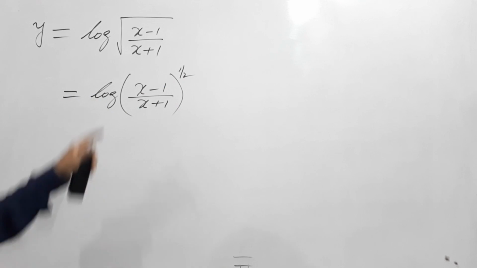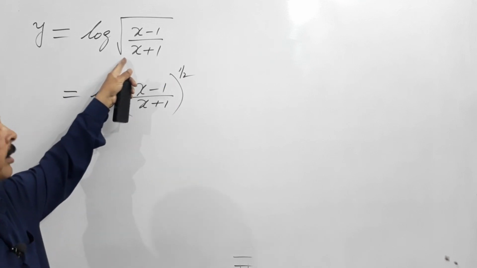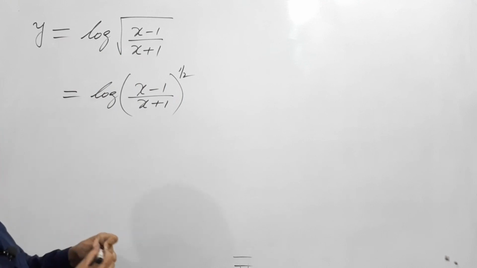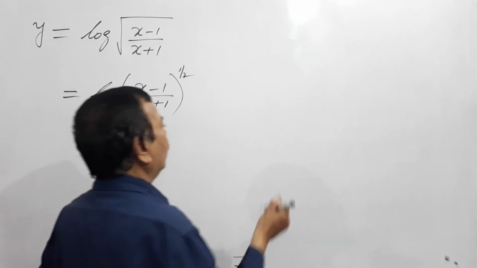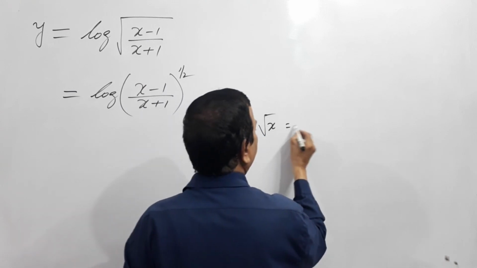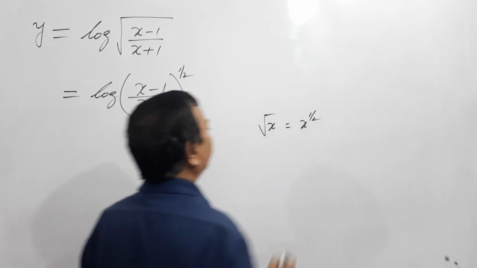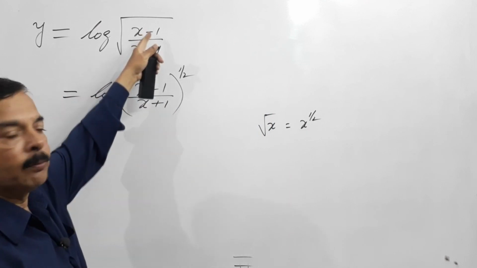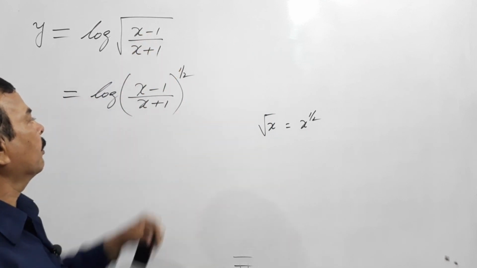Can I write like this? So this root is replaced by the power. I have told you, if we have square root of x, that is nothing but x to the power of half. This square root is common to both numerator and denominator. That's why you get the power of half.